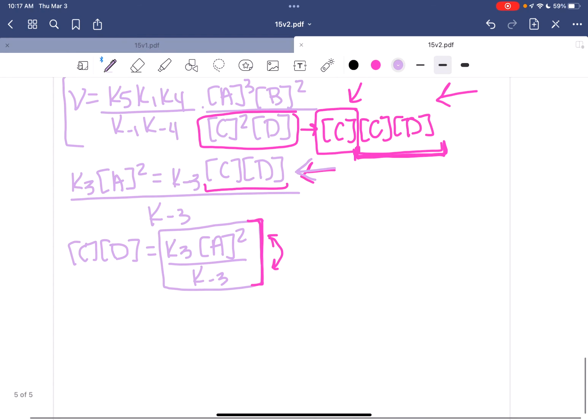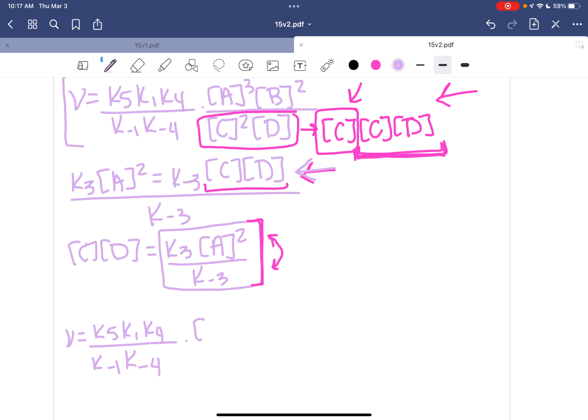So if we want to write out the substitution now, we have the rate is equal to K5 times K1 times K4 divided by K minus 1, K minus 4, multiplied by A cubed B squared divided by C, because that's what's remaining, and then we're going to multiply by the reciprocal of what C times D is equal to, because it's on the bottom of the fraction.